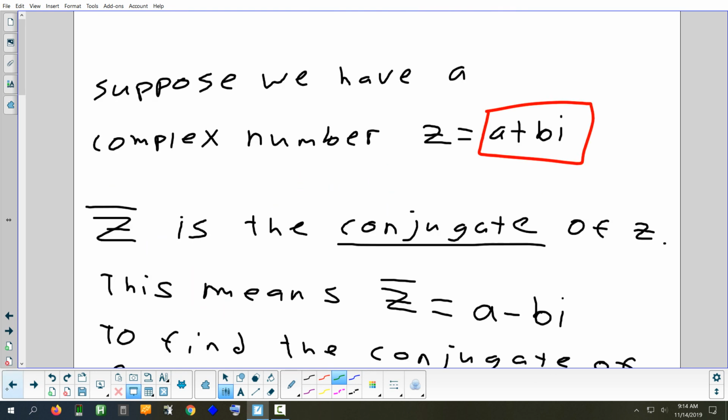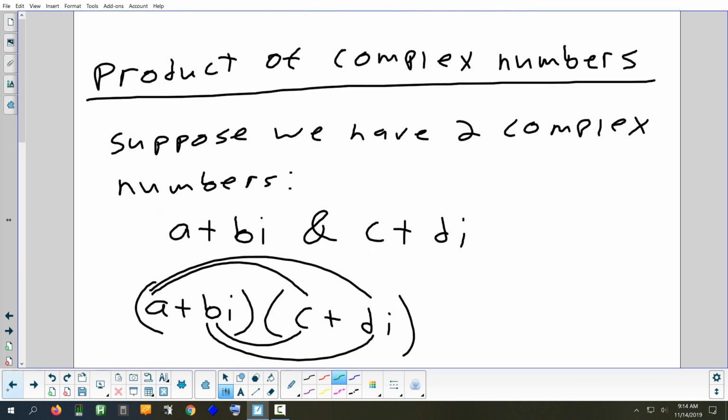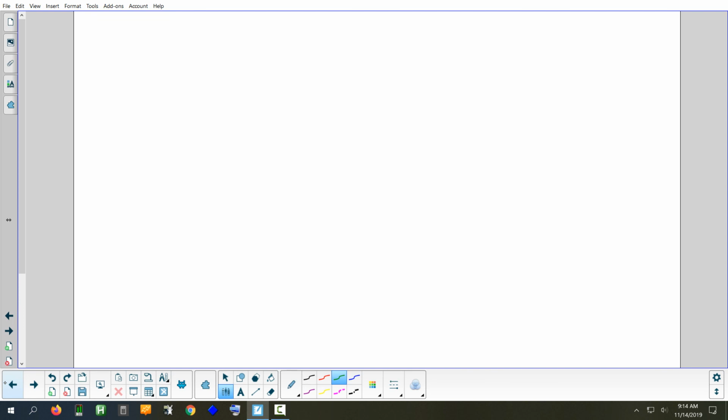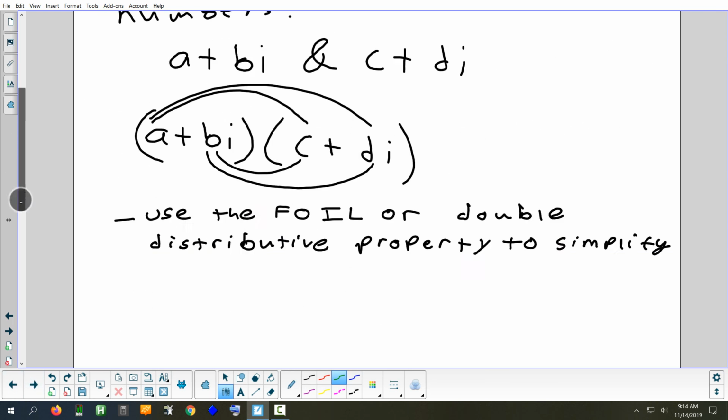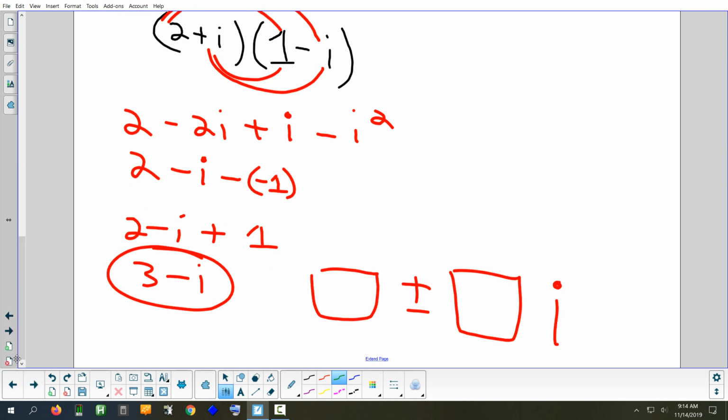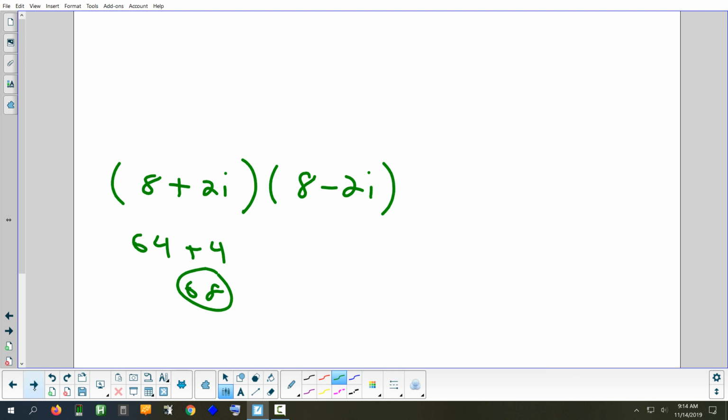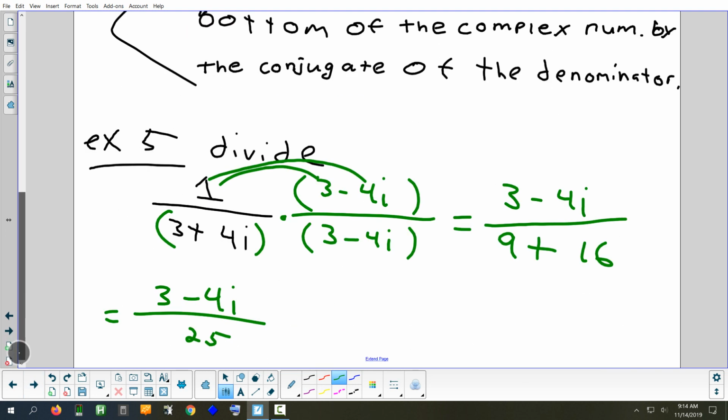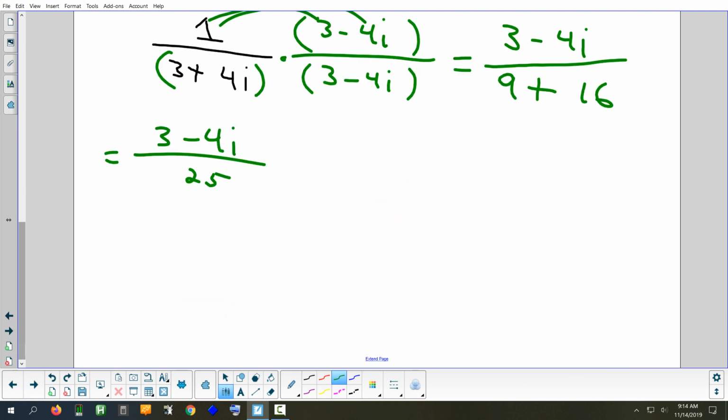Does that look like real part plus or minus imaginary part? No, not quite. Right? You're not supposed to have a fraction like that in the final answer. So the way you have to write that is like this.